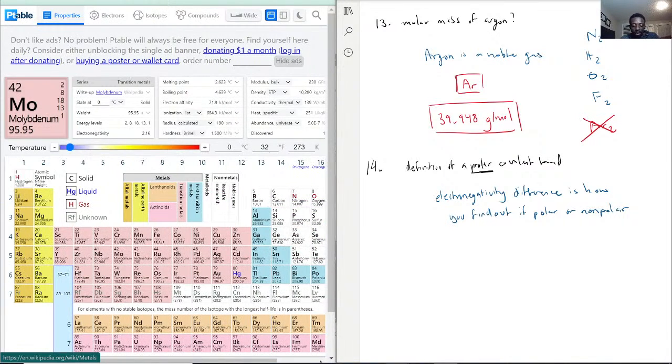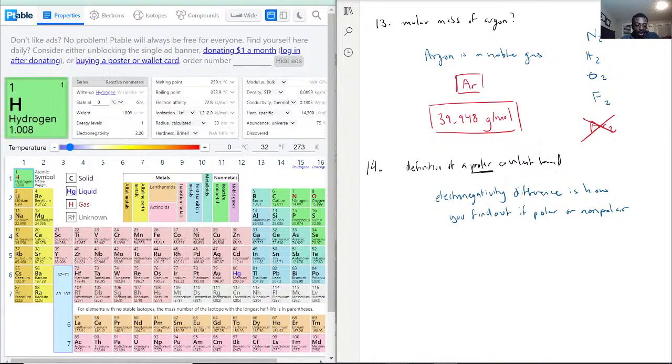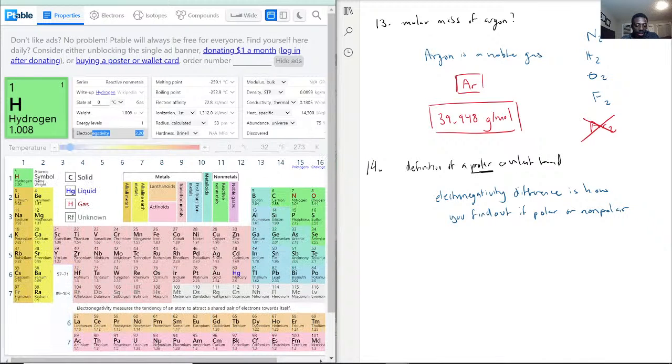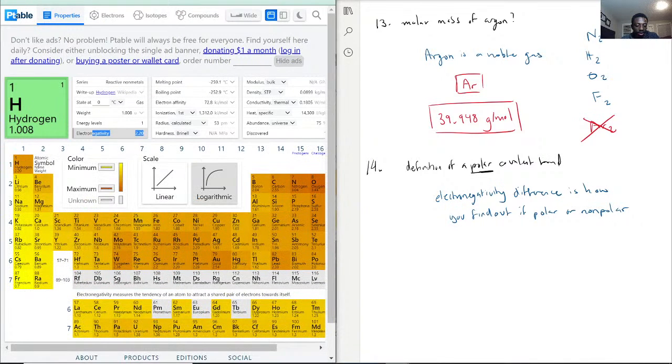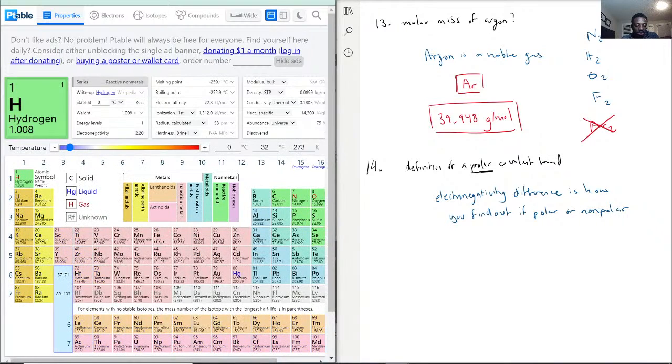And you're probably wondering, what is electronegativity? You should have a sheet as well, because some periodic tables don't include it. But if we hover over these elements, for example, hydrogen, let's start there. You see this has an electronegativity of 2.20. Oh, that actually shows the electronegativity. Okay, there we go.